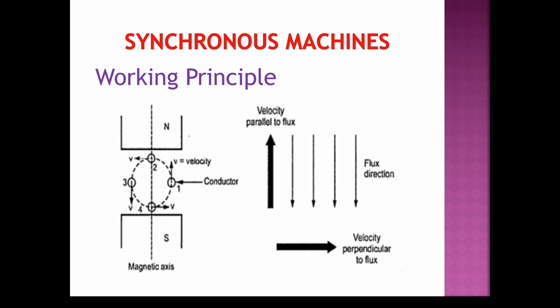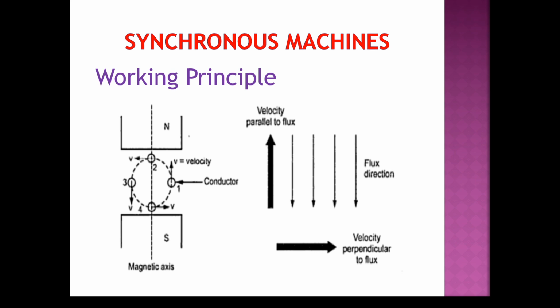So we have seen at various positions, that is 1, 2, 3, 4, when the EMF is 0 and when the EMF is maximum, according to the flux lines cut by the conductor, whether they are parallel or perpendicular to the flux lines.